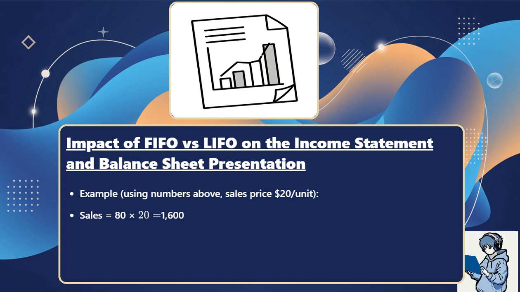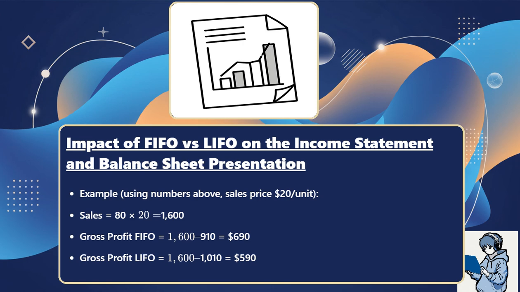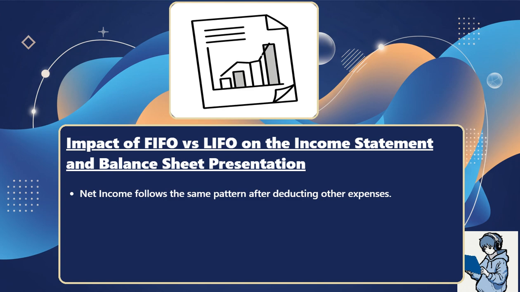Sales equals 80 times $20 equals $1,600. Gross profit under FIFO equals $1,600 minus $910 equals $690. Gross profit under LIFO equals $1,600 minus $1,010 equals $590. Net income follows the same pattern after deducting other expenses.